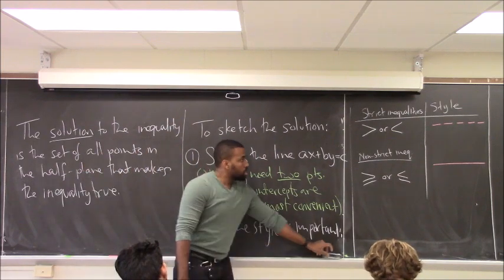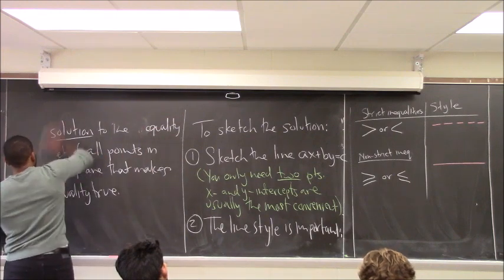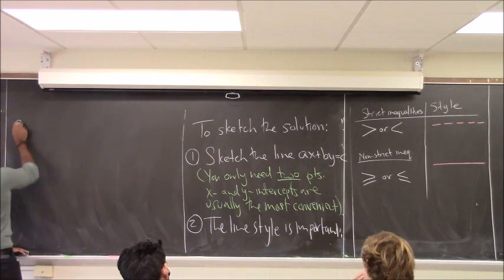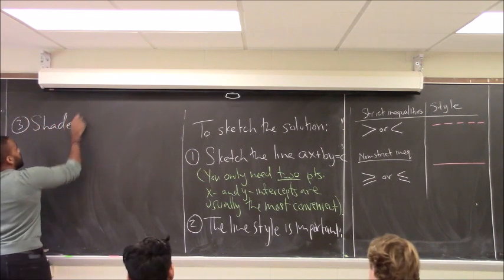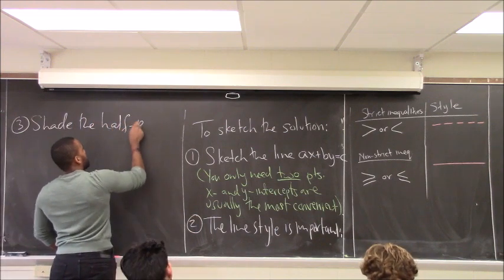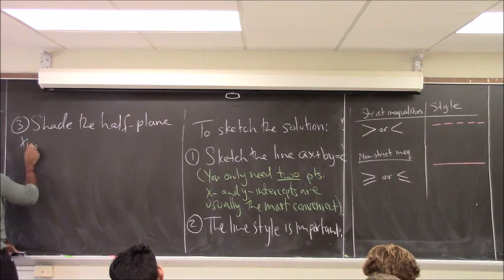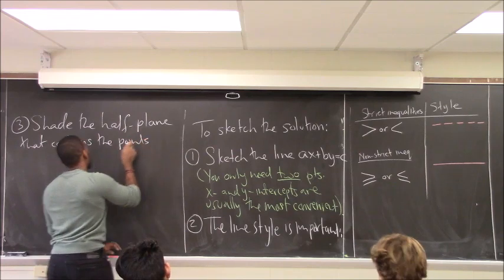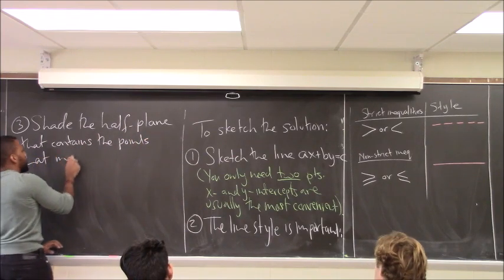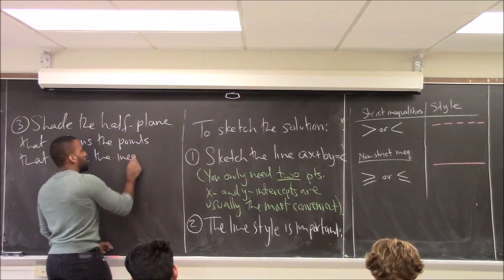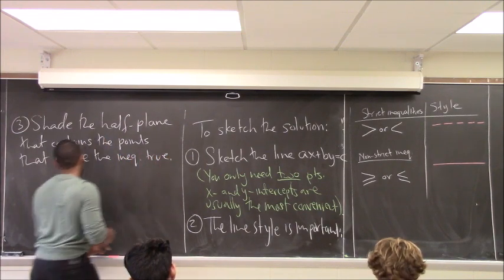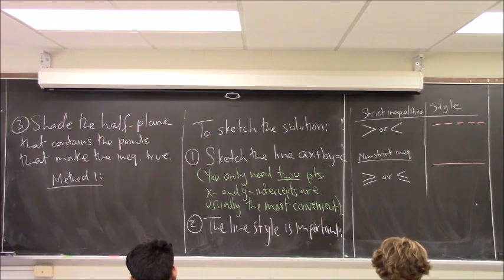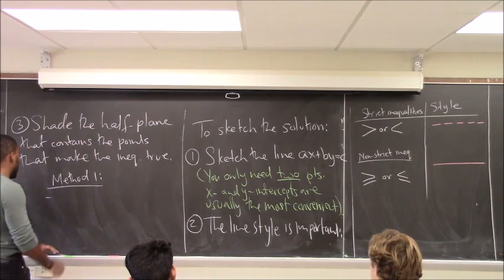Now, the third thing in sketching the solution is, step 3, you want to shade the half plane that contains the points that made the inequality true. A couple ways you can do this. Method 1 is to simply plug in a random point that you know is in one half plane.